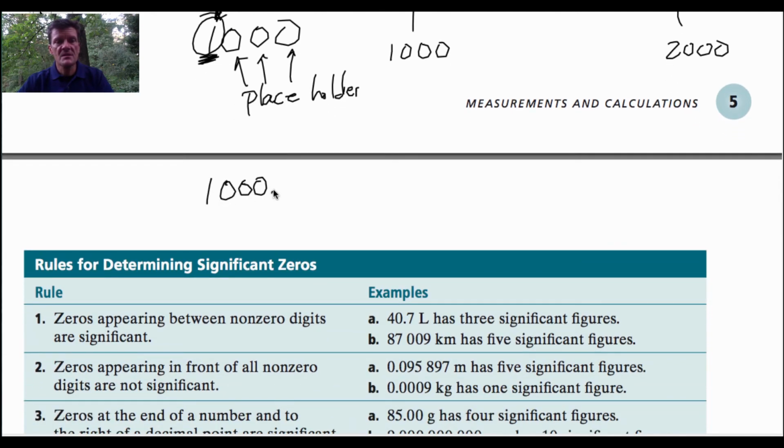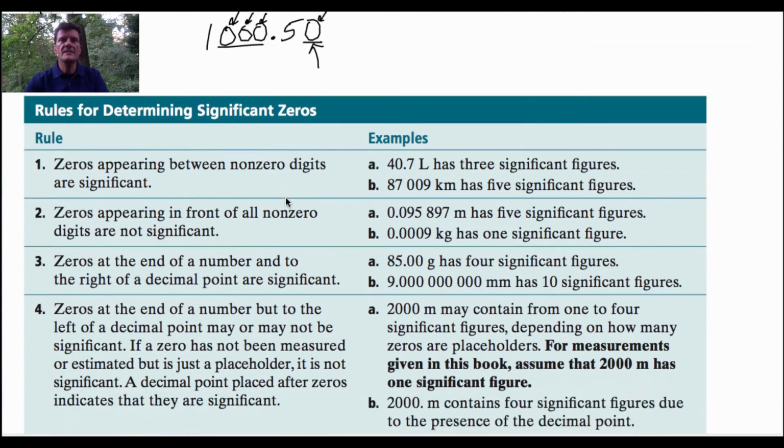But if I say 1,000.50, now these zeros here are significant. They're part of the measurement. I have some instrument that is able to measure to the hundredth of whatever unit I'm talking about here. This measurement does include those zeros right there and actually that last 0.